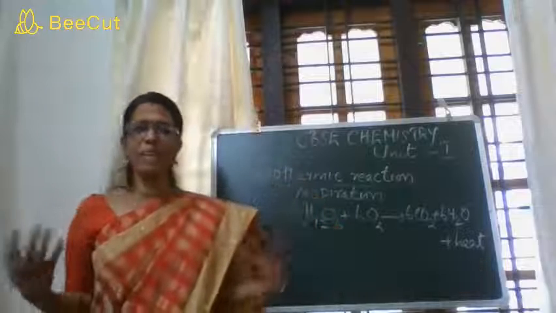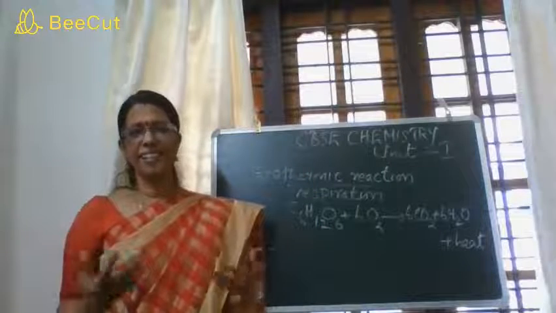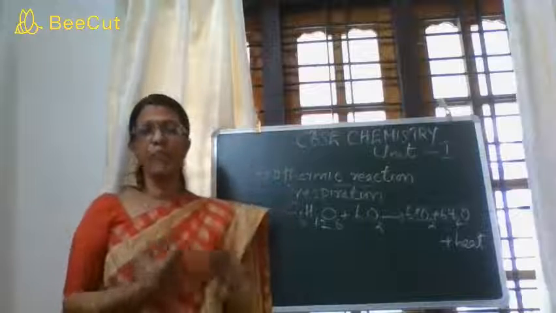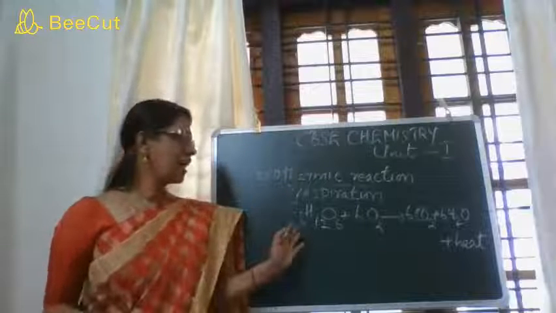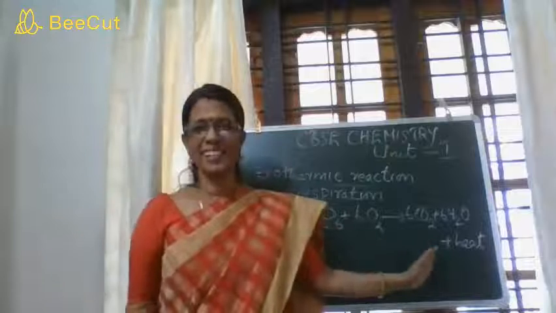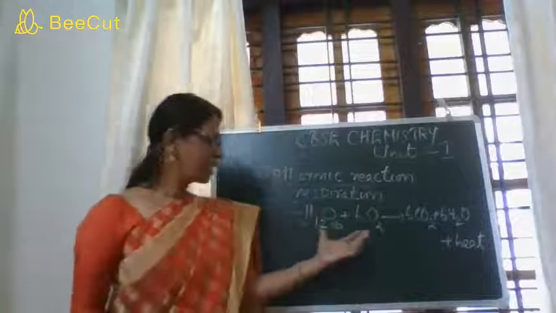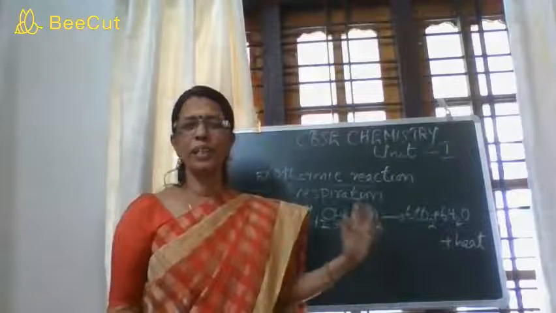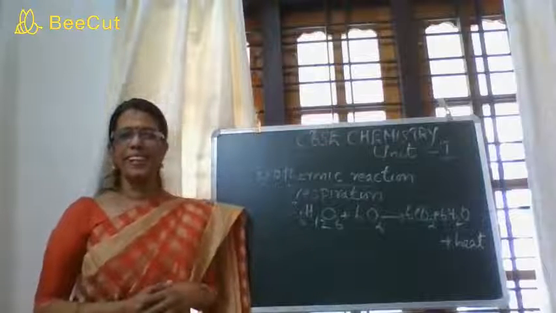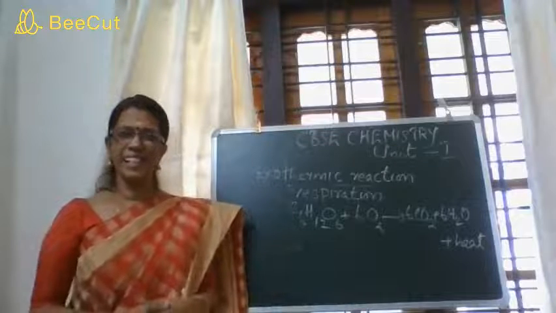That heat energy makes us energetic, and that is why we get energy from the food that we take. So this is an example of an exothermic reaction, and also an example of a combination reaction. Here, a lot of heat energy is generated.